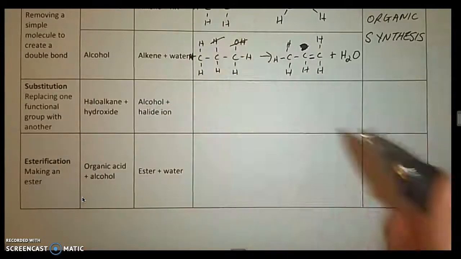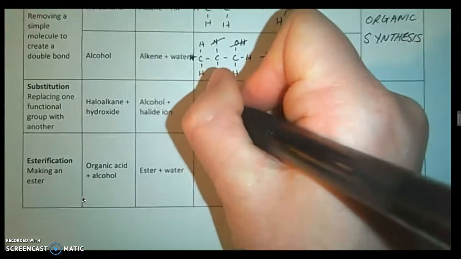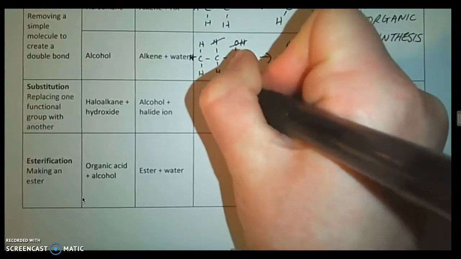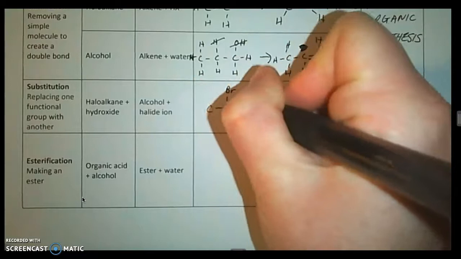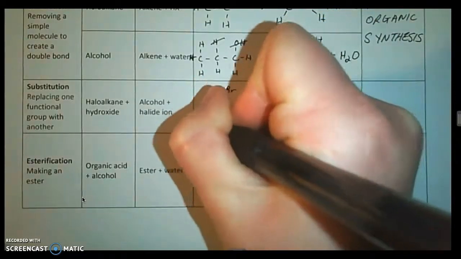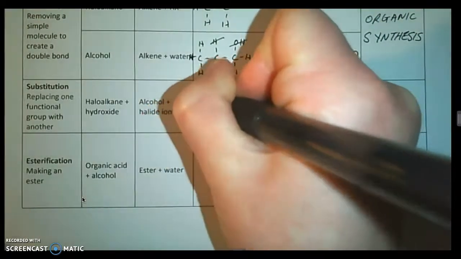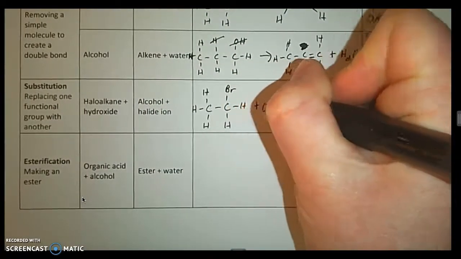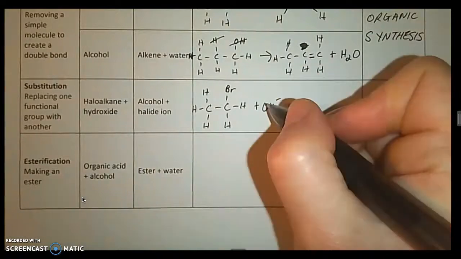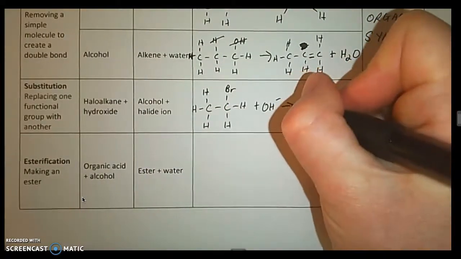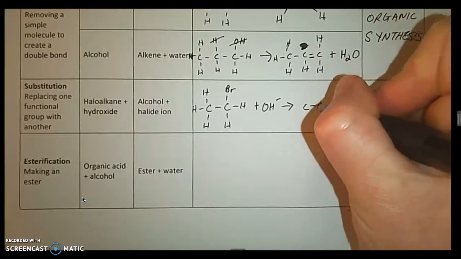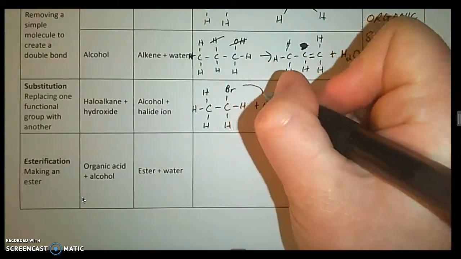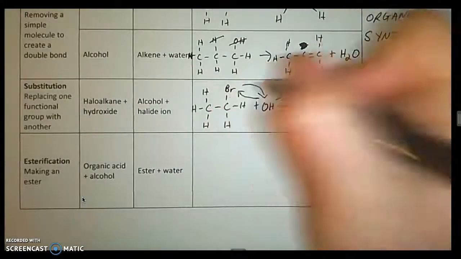The example we're going to look at is a haloalkane, something like bromoethane, like this. And if you have a hydroxide ion, then you can do a swap. You can swap the bromine for the hydroxide.